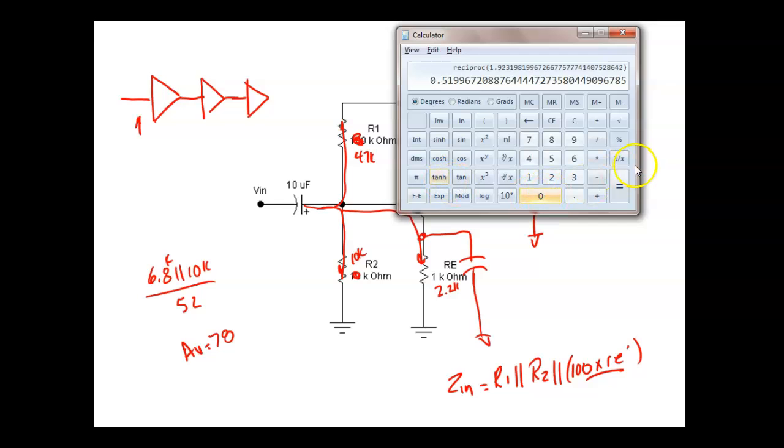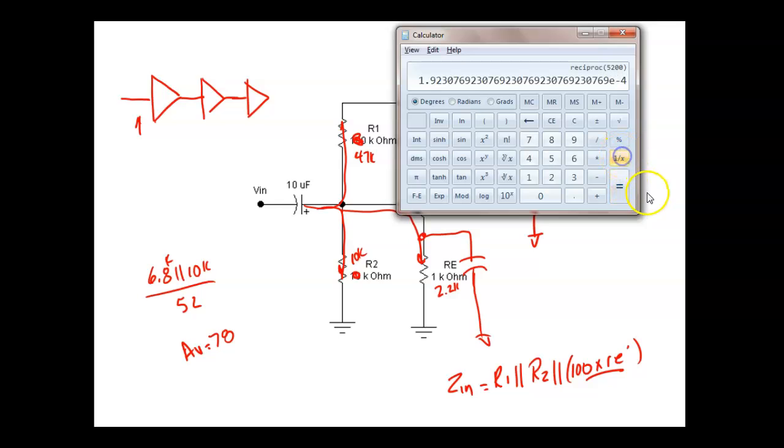That's got to be wrong. I got less than wrong. Yeah, I think over 3189, which sounds right. So 100 times 52. What was RE prime? Equals that.